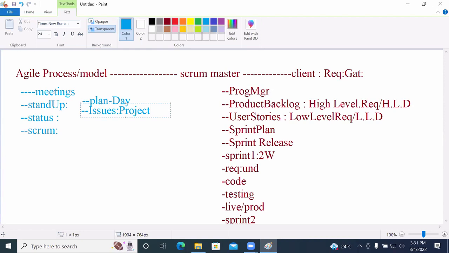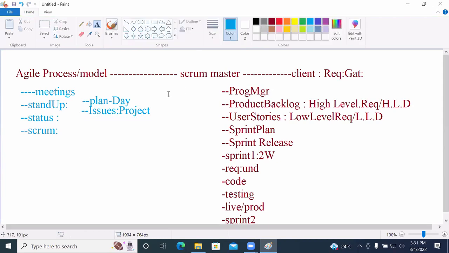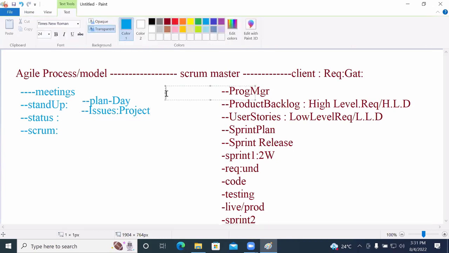Because as part of this agile process, in this stand-up meeting, you will be having the manager, and then the lead, development lead, testing lead, and then the development team and the testing team.